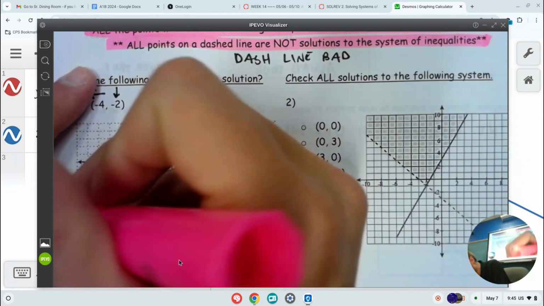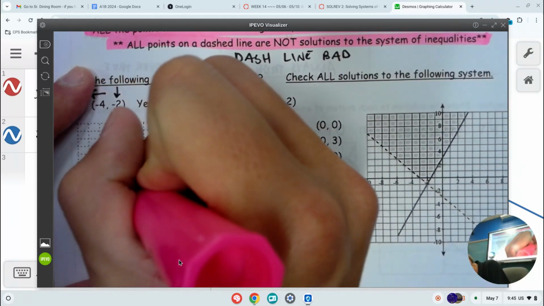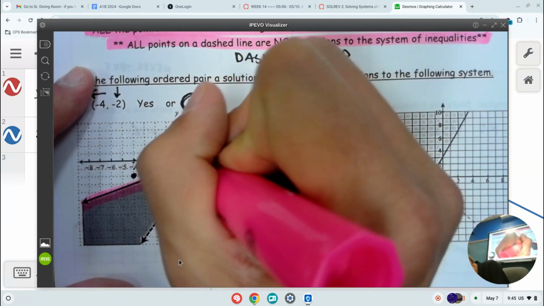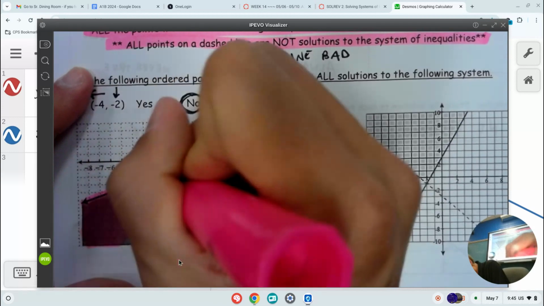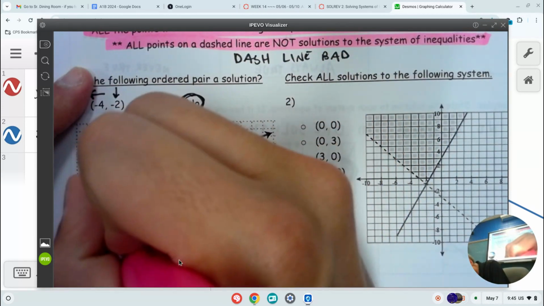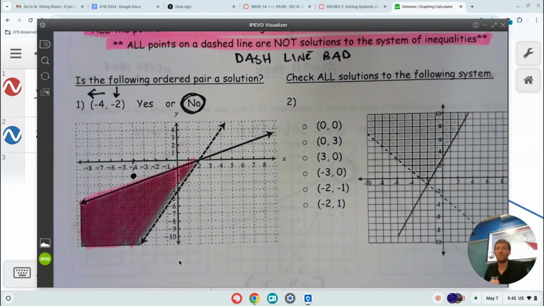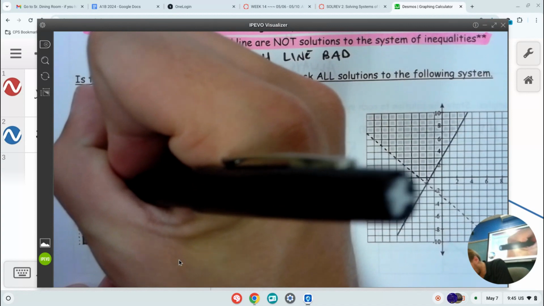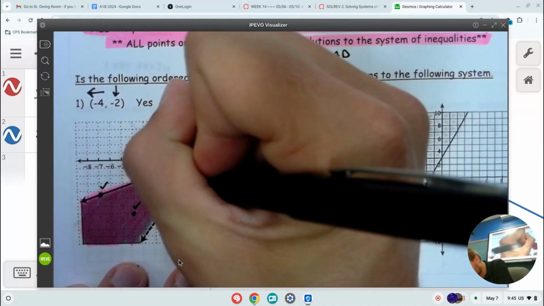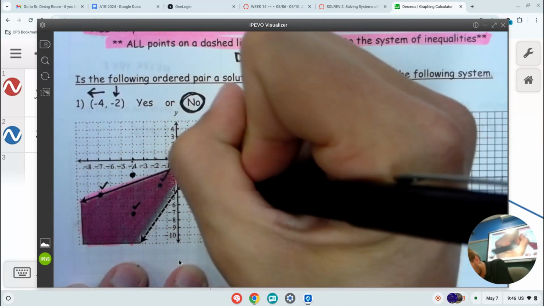Anything that is touching this line would be good. Anything that is in this shaded region would be good. Anything that is on that dashed line would be bad. So for example, a dot right here, good. A dot right here, good. A dot right here, good. A dot right here, bad.